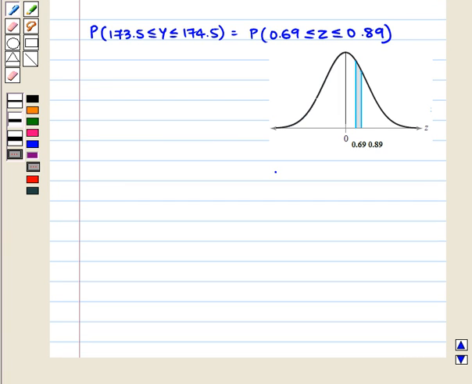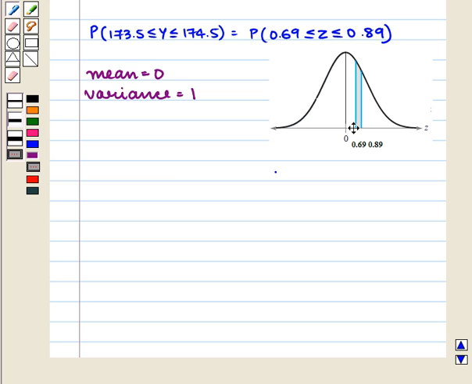Let us draw its figure. This is a standard normal curve with mean 0 and variance 1. Mean equal to 0 lies in the center. 0.69 and 0.89 are to the right of 0.